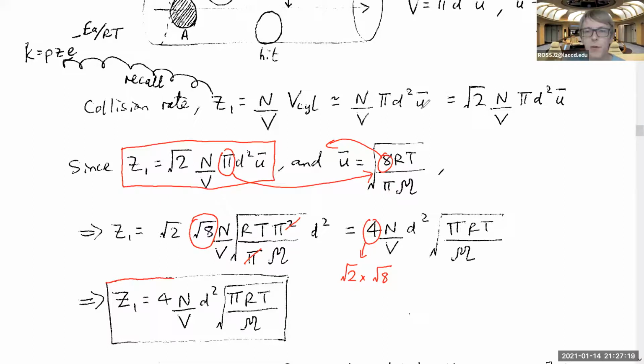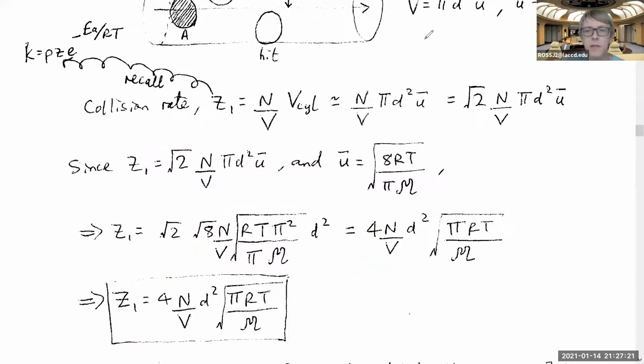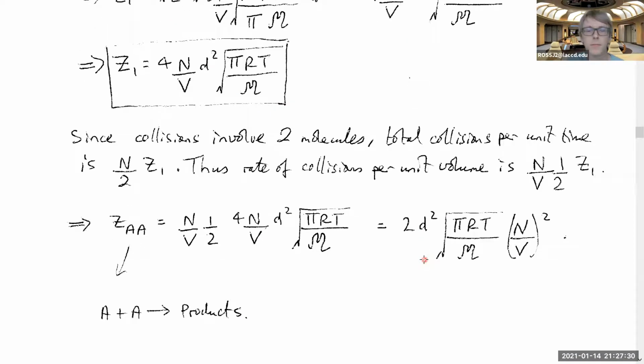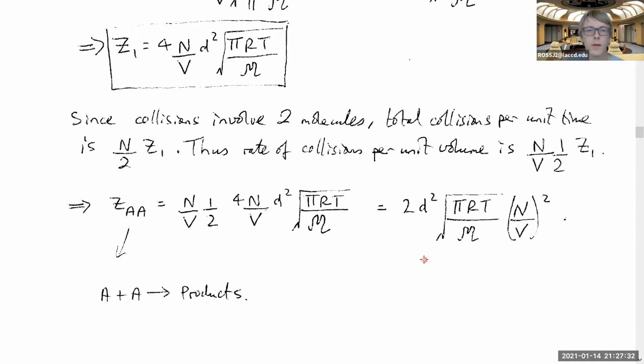So let me get rid of those annotations so I can scroll down. Okay, so we've got that new collision rate, which is 4n over v d squared, and then the radical of pi RT over molar mass.